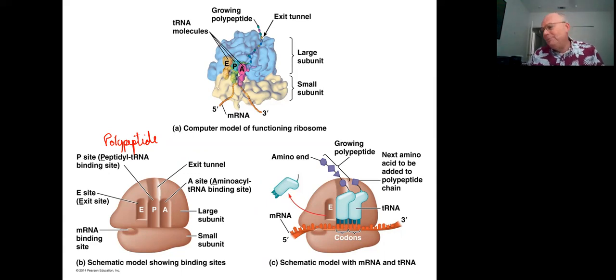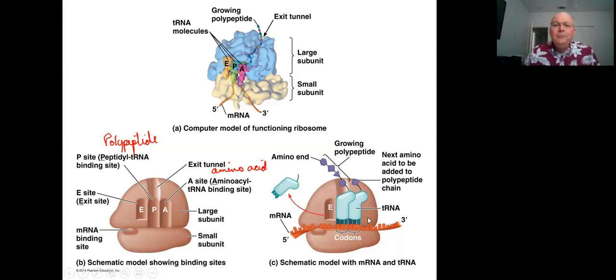And so the A site, the book refers to as the aminoacyl tRNA binding site. But just think A for amino acid, because the A site is always going to contain the tRNA that brings with it the next amino acid to be added to the polypeptide.